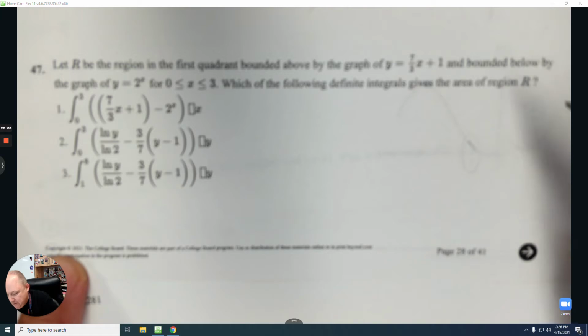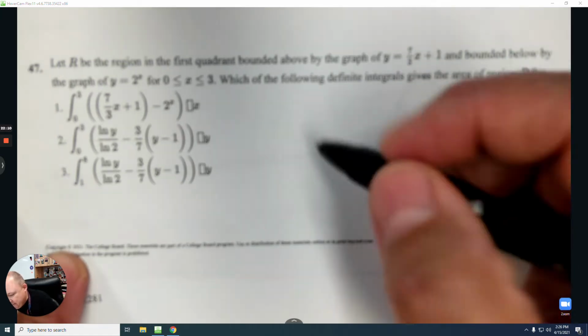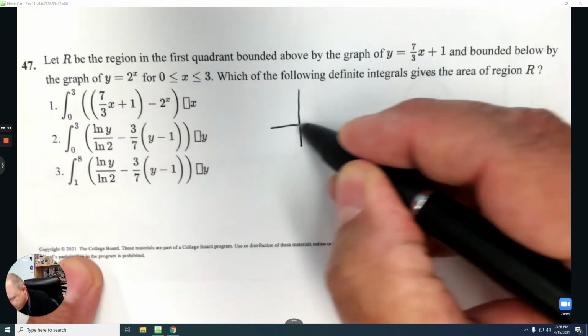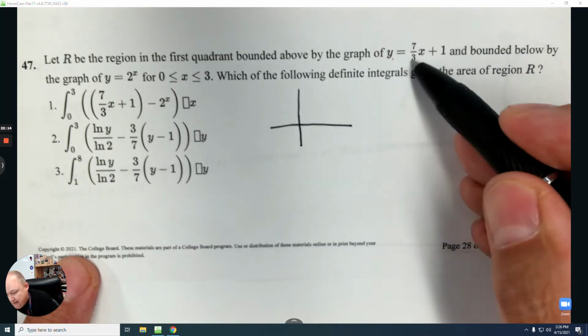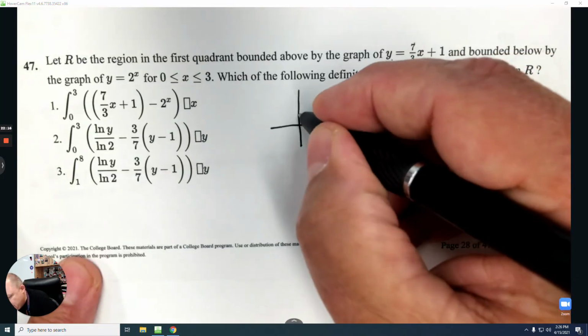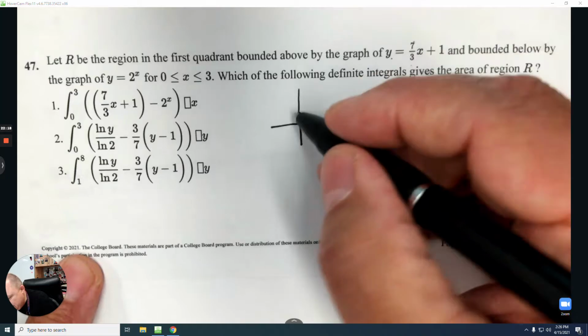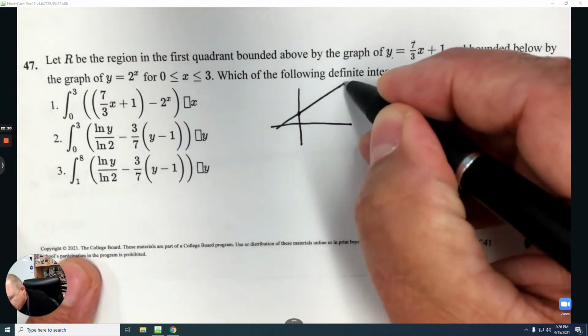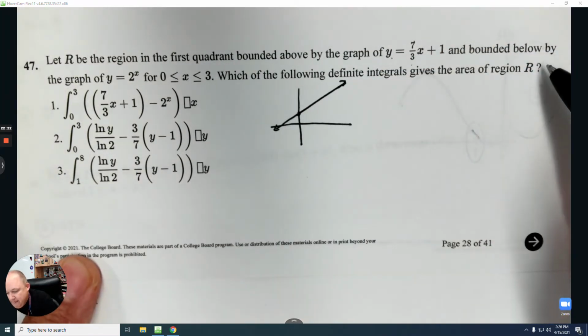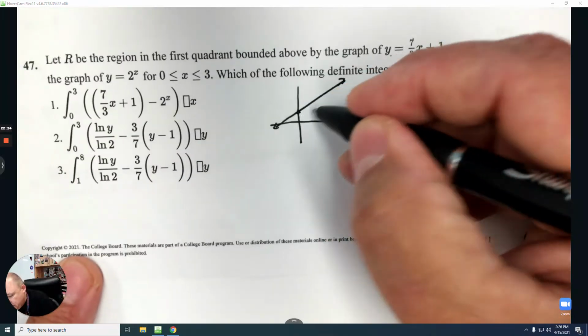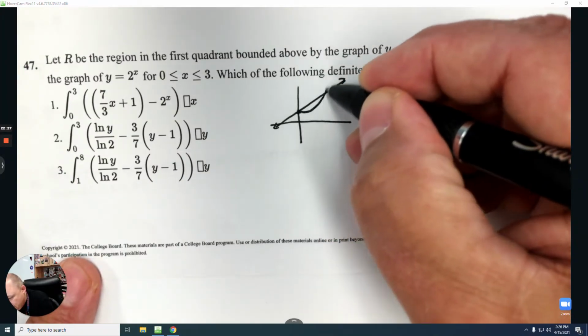So to begin with, maybe it's nice to have a little graph of it. y = (7/3)x + 1 starts at 1, it goes up 7 and to the right 3, so it's increasing, something like this. y = 2^x is also 1 at x = 0, and it curves and goes up.